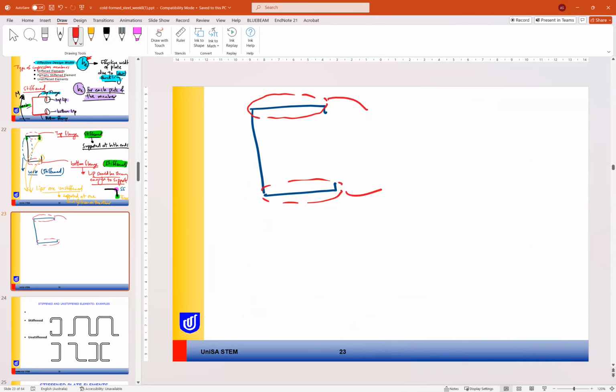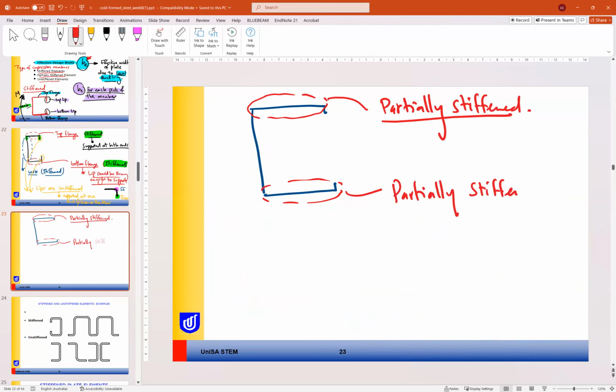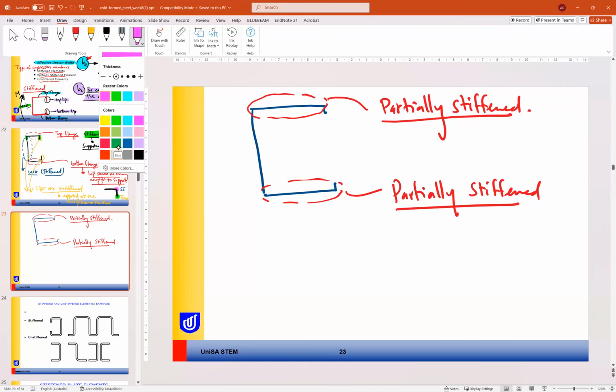When can we consider this flange partially stiffened? Who can give me an idea about that? Do you know what the difference is between partially stiffened and this case? In this case, for this plate, we have one support here, the lip, and we have one support here, the lip.